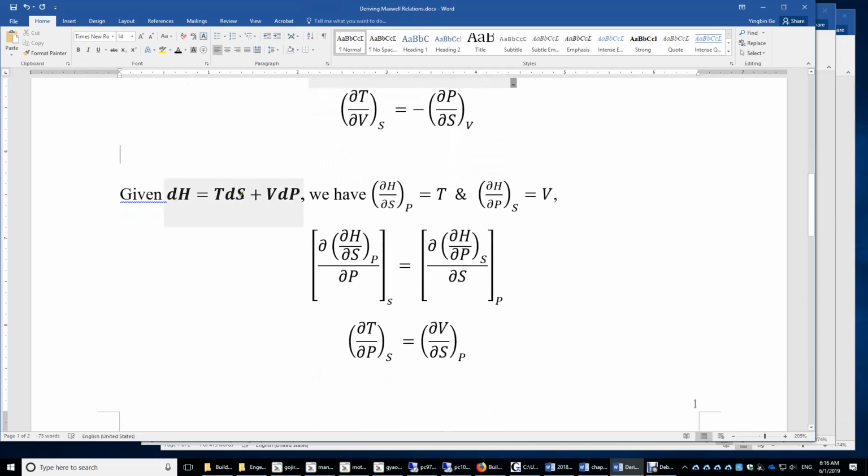Given dH equals TdS plus VdP, we can see dH over dS equals temperature if dP is 0. So that's here. Or dH over dP equals volume if entropy is constant. So that's here. And then we use the calculus rule.